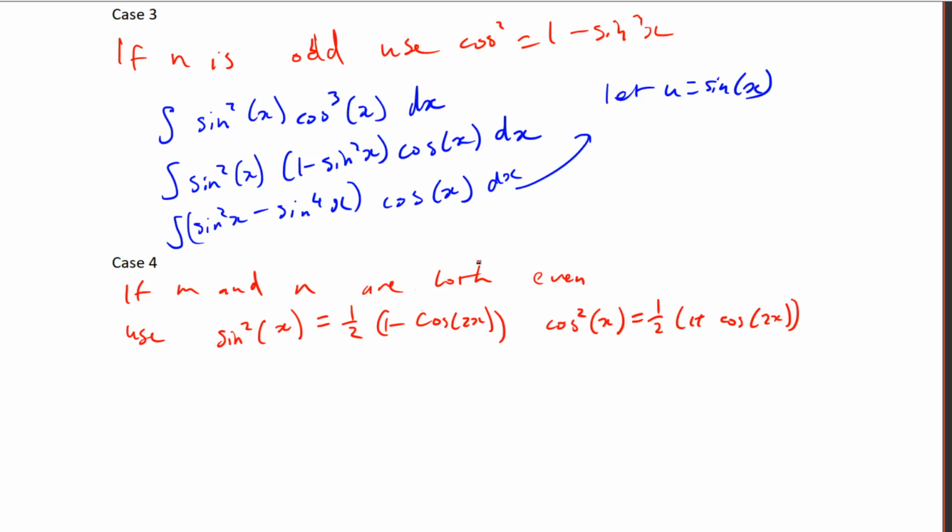So if m and n are both even, for example, I could have just the integral of cos squared x. So here m and n are both even. In this case m is 0, so the power of sine is 0, which is fine. So I can use cos squared x dx, which if I use this formula, I'll have half times 1 plus cos 2x dx.